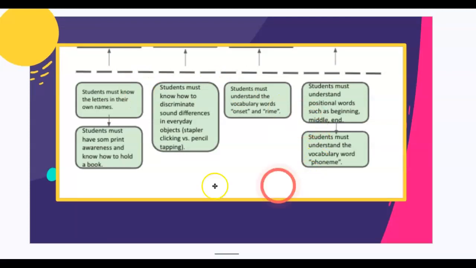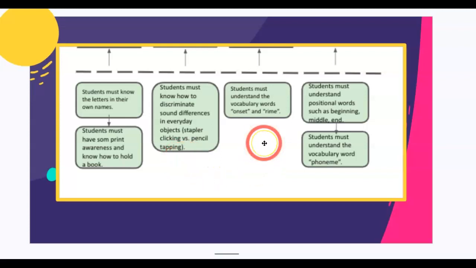And before they're even able to do any of that, they must know all of the letters in their names. They must have some print awareness, such as being able to hold a book. They must know how to discriminate sound differences in everyday objects, such as the difference between a stapler clicking versus a pencil tapping. Can they differentiate those sounds?